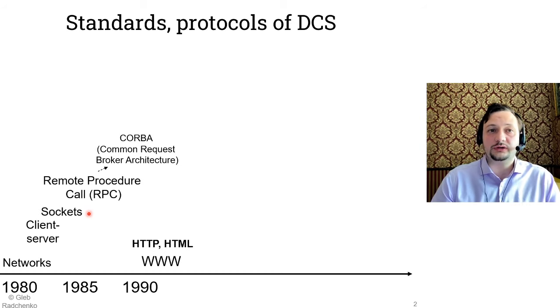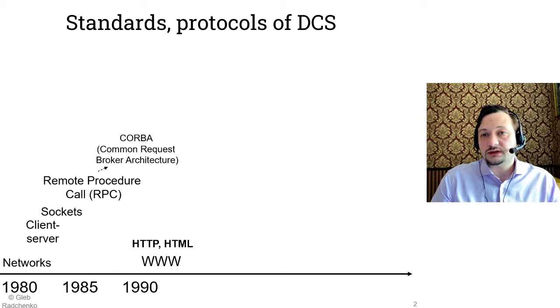If you have one platform developed in one language and a second platform developed in a second language, there is no standard way to organize the communication between these two platforms. So CORBA technology arrived in the beginning of the 1990s, the Common Object Request Broker Architecture.